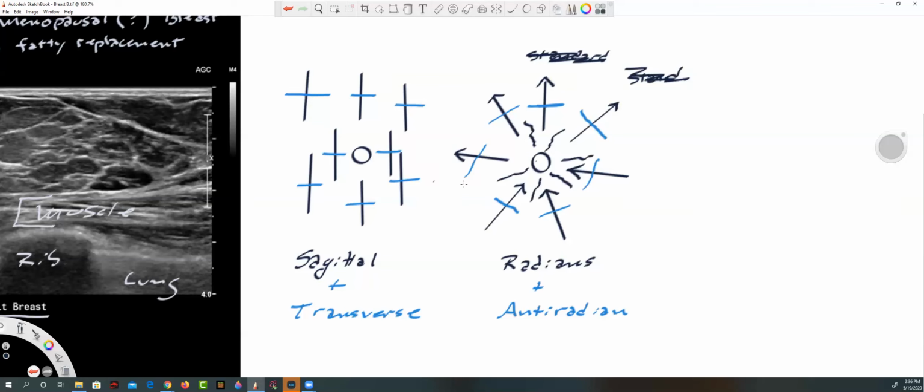But I really don't think that matters too terribly much. We'll look at this in class on the phantom, and how at some point you just feel like you have to turn your transducer, otherwise you're holding it completely backwards. And then as you're coming around, you turn your transducer again. And the same thing with the radians too.